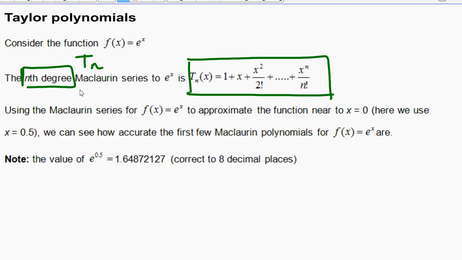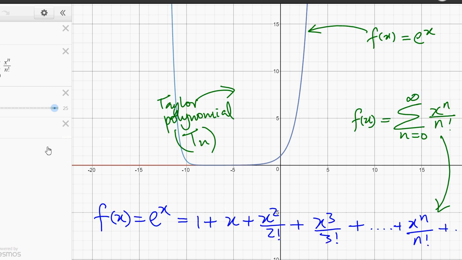So what we mean by that is, coming back to our graph here, this is a Maclaurin series about x equals 0. So if we want to approximate, say, the value of this function at this point here, at x equals 0.5, so you want to approximate the value of e to the power 0.5.